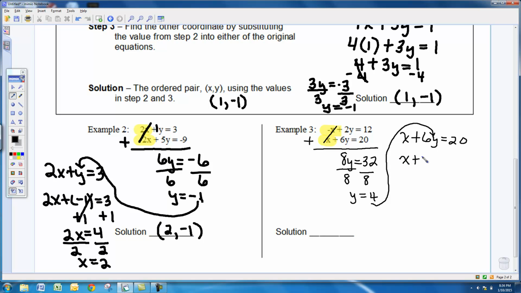So x plus 6 times 4 equals 20. 6 times 4 is 24. Now we will subtract 24 from both sides, and we will get x equals negative 4. We'll write our solution as the ordered pair, negative 4, 4. And that's it for today.